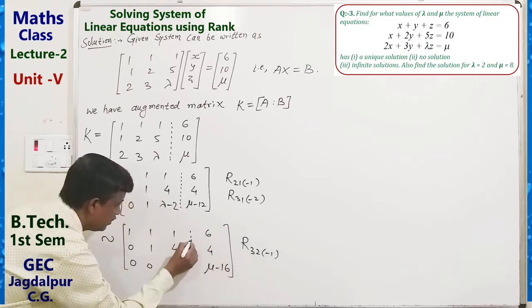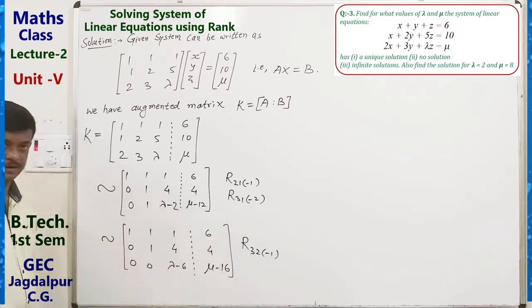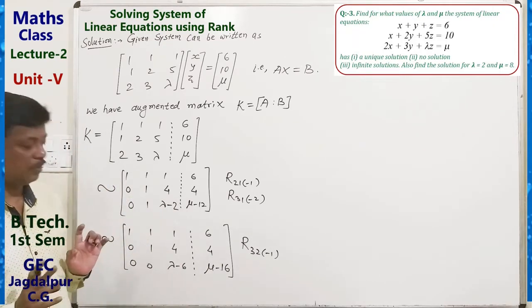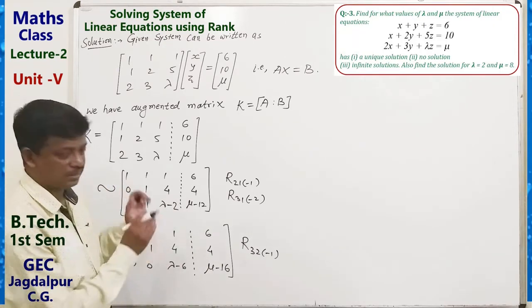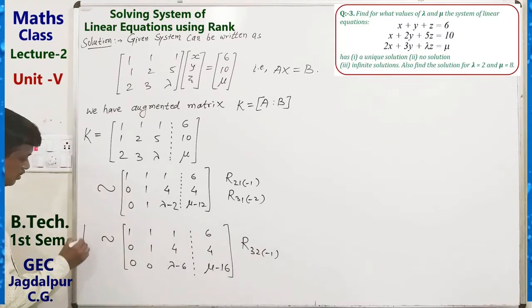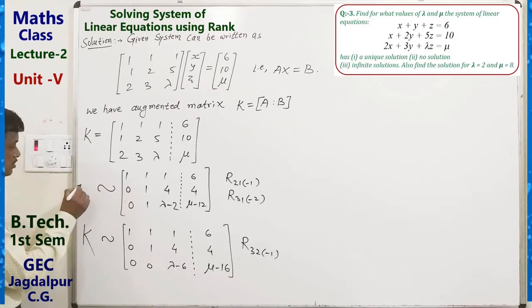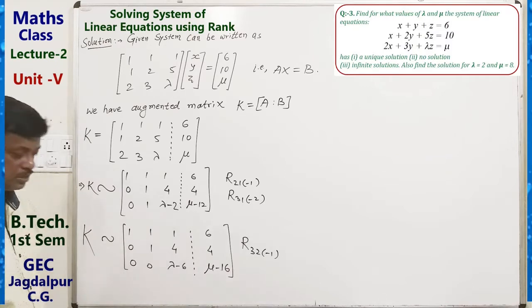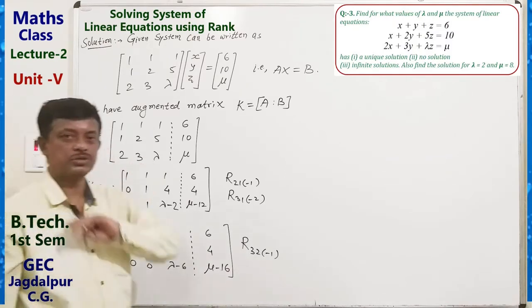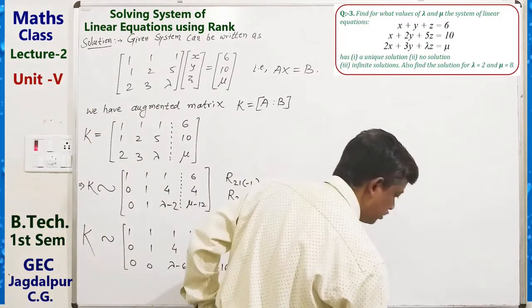This is what we get. Clear. Now from this upper triangular matrix, K is equivalent to this. So in this matrix, first for unique solution.